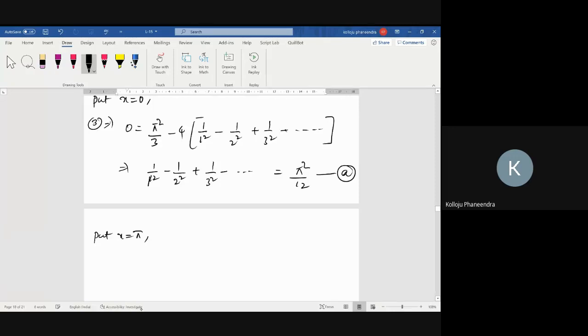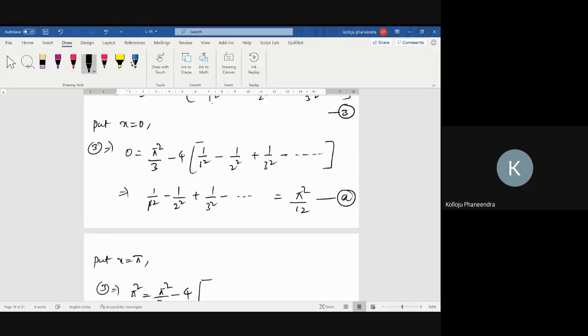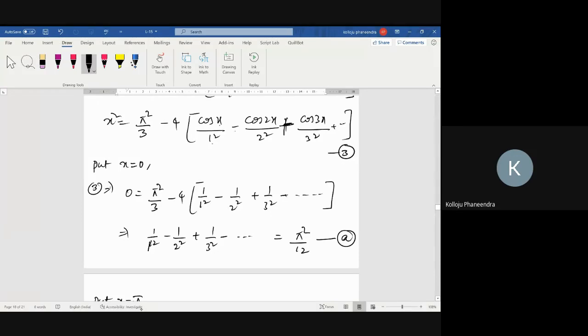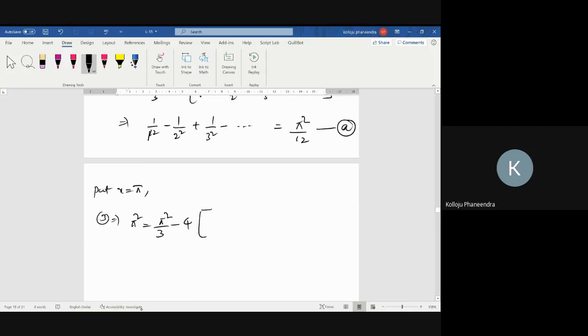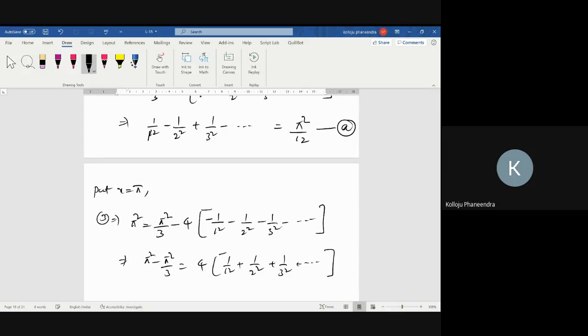Then 3 implies pi square equals pi square by 3 minus 4 times, if I put x equal to pi, cos pi is minus 1, cos 2 pi is plus 1, cos 3 pi is minus 1. So inside all are negative: 1 by 1 square, 1 by 2 square, 1 by 3 square, and so on. Take minus common: pi square minus pi square by 3 equals 4 into the series.